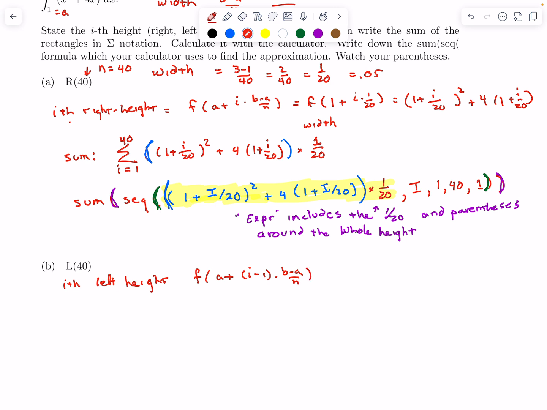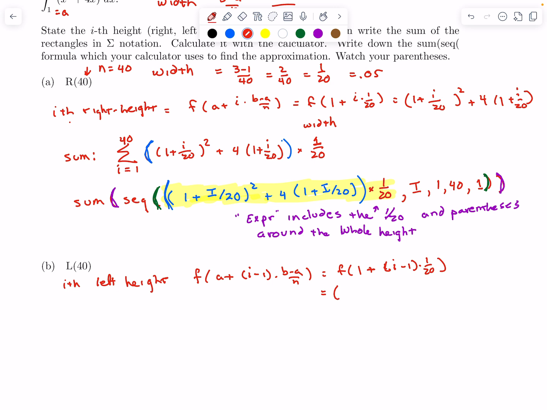This is the formula from the other side. So it's f of 1, a is 1 in this problem. Extra parentheses around i minus 1. And you'll have to do that anyways because you have to divide the whole thing by 20.